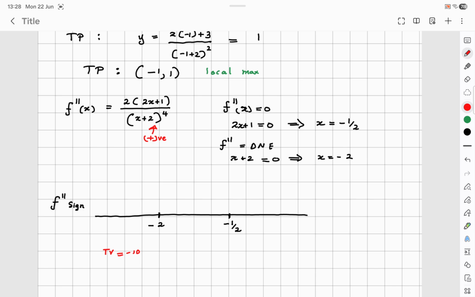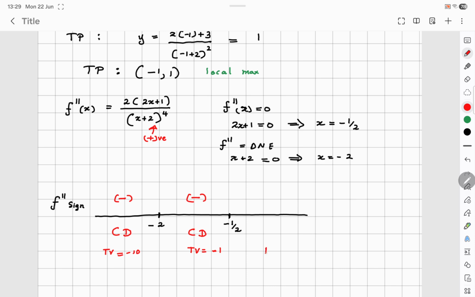When I substitute -10, numerator becomes minus, so this is minus, which means concave down before -2. Between -2 and minus half, I will substitute -1 as my test value. What happens? Again minus, so second derivative sign is minus, so this is also concave down.